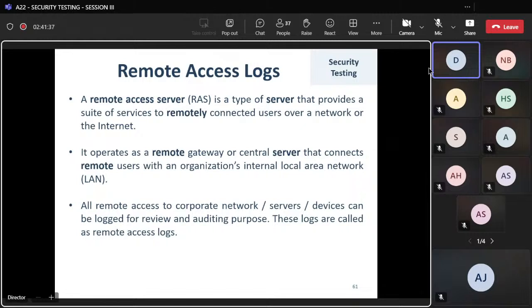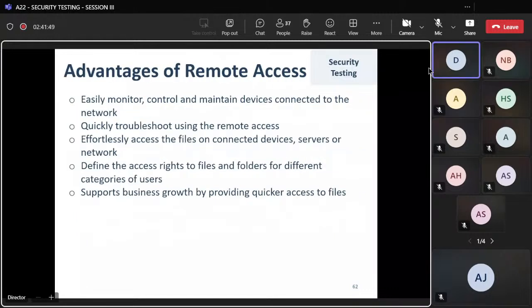This can be used for review as well as for auditing purposes, and these logs are called the remote access logs. Some of the advantages of having the remote access logs: you can easily monitor, control and maintain various devices connected to a network.